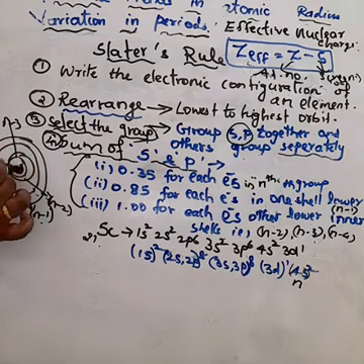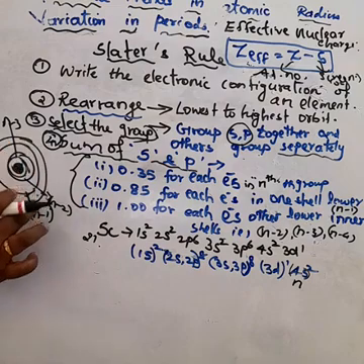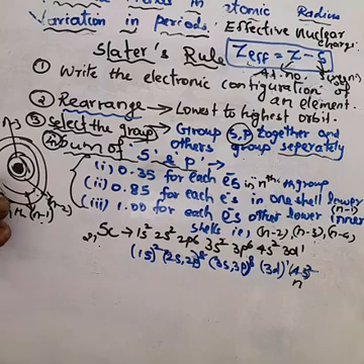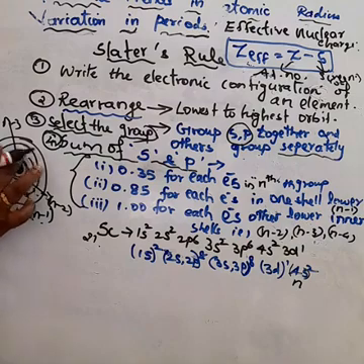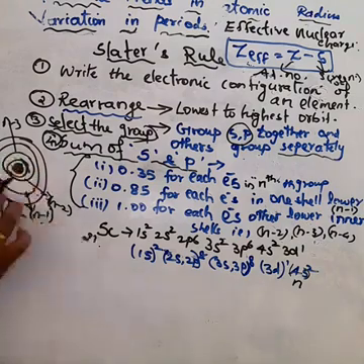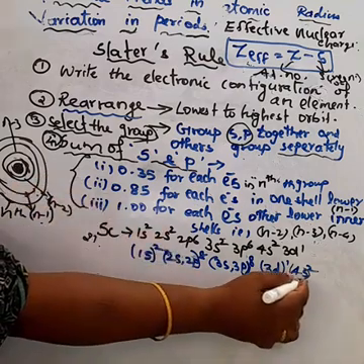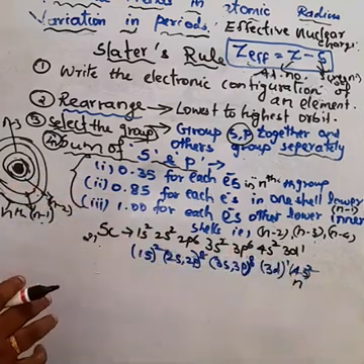So the outer shell I consider the nth orbit. The 4s2 electrons are present in the nth orbit. I am going to calculate the effective nuclear charge of the 4s electron, so this is the nth orbit. Here some values are given.